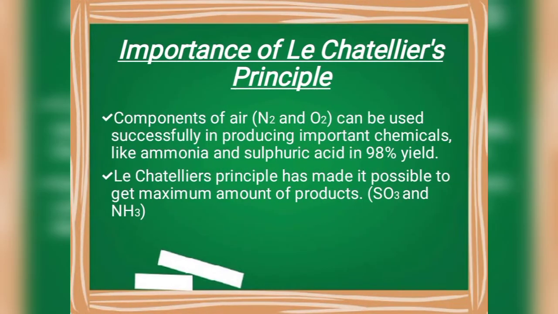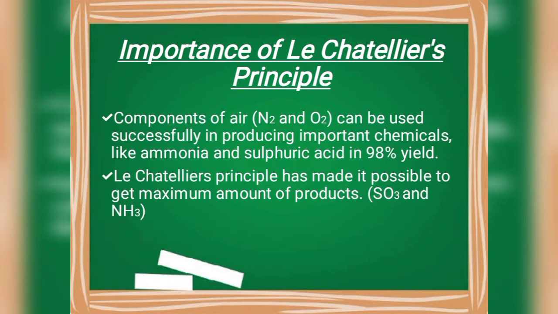Now it's time to discuss the importance of Le Chatelier's principle. Students, Le Chatelier's principle has made it possible to get the maximum amount of products like sulfur trioxide and ammonia.